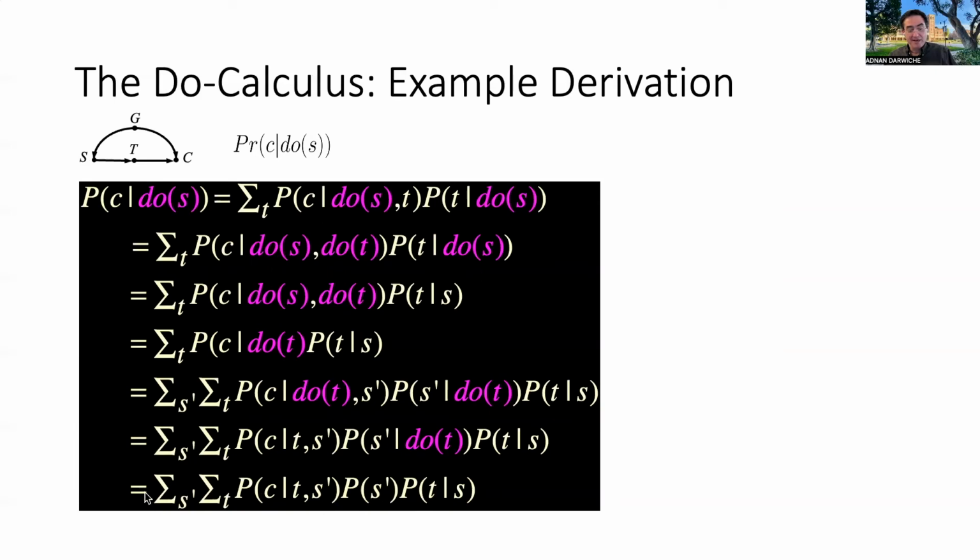I plug them in here, and boom, I evaluated the causal effect, and the causal effect is identifiable. And look at the formula here. Its form is different from what we've seen in the front door or back door and so on. For other examples, you may even get other formulas in terms of structure.